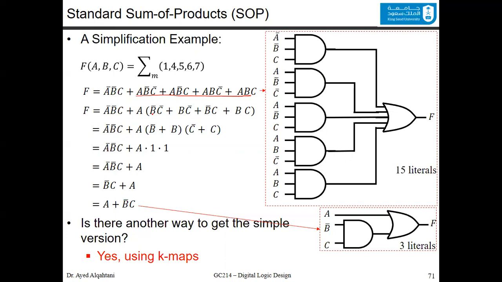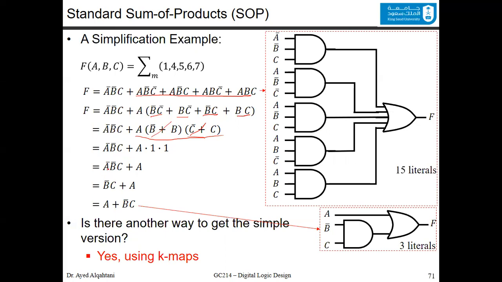And you can see that from here, we have a common factor between those two, which is B bar. And we have a common factor between those two, which is B. And we can rewrite it this way. And after this manipulation of Boolean algebra, you can cross this one and cross this one, and it becomes only one.